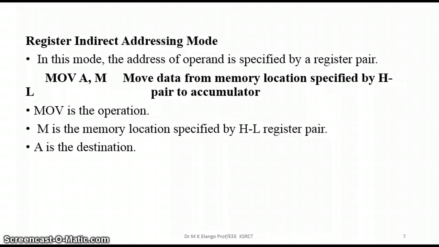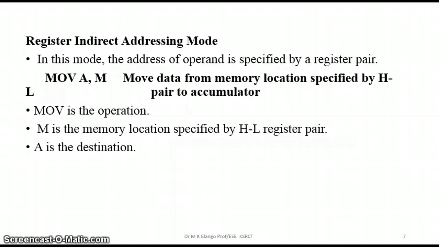Third category, register indirect addressing mode instruction. The difference between register indirect addressing mode and the previous one, register addressing mode, is that in register addressing the data to be operated is stored in the register and the register is specified in the instruction, whereas in register indirect addressing mode the address of the data is specified in the register pair.